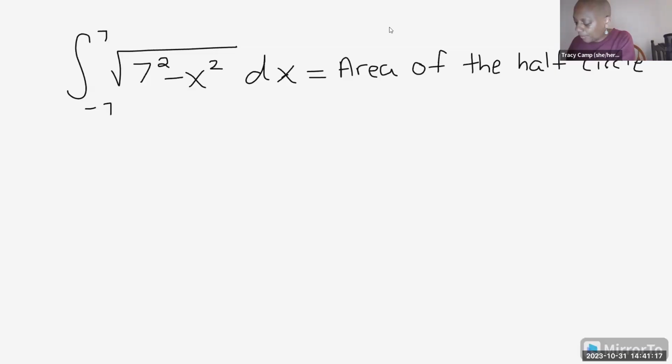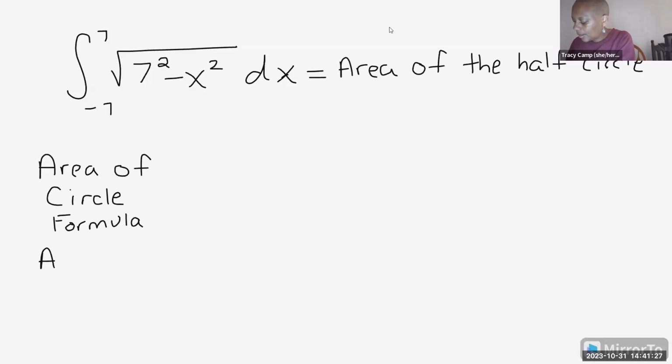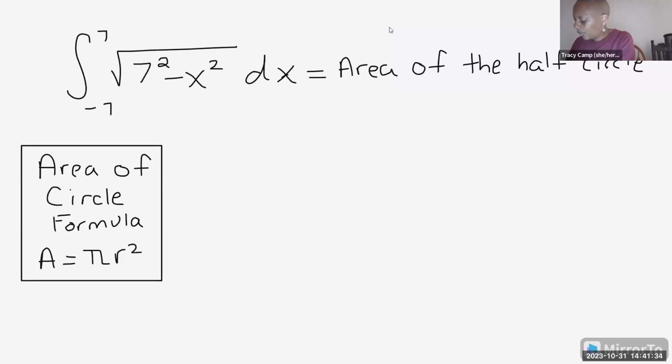And we know the formula for the area of a circle is pi r squared. And we know that our r in this case was 7.